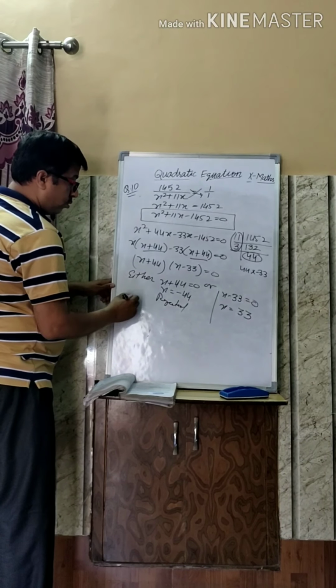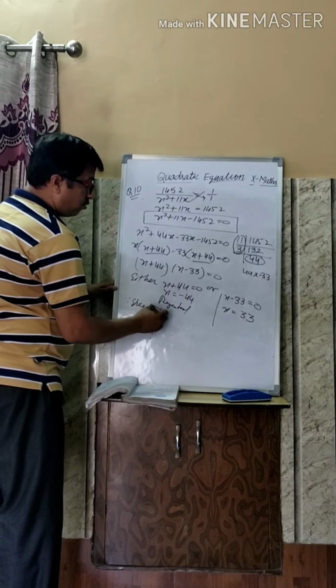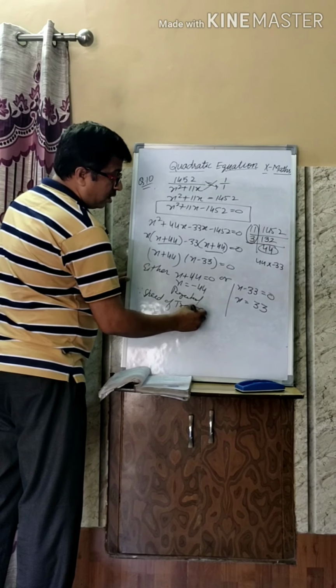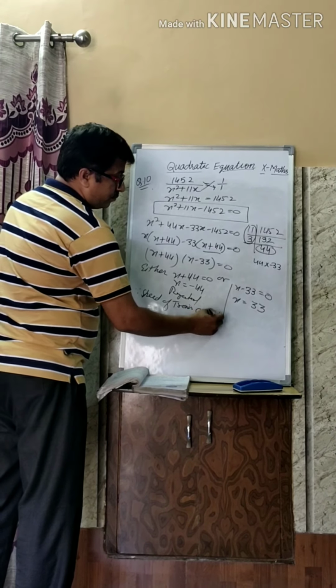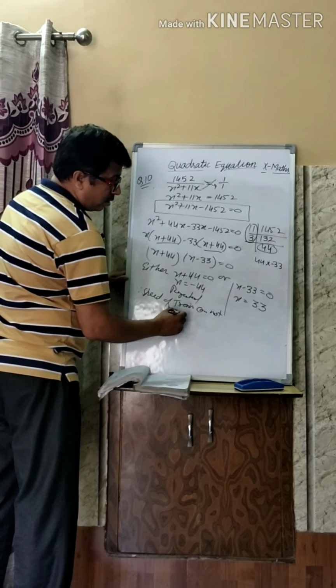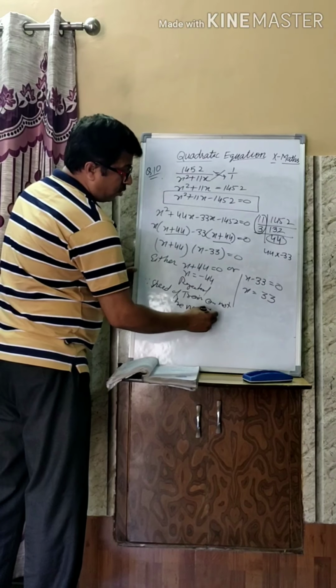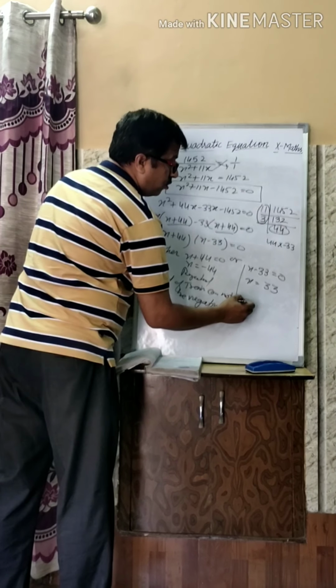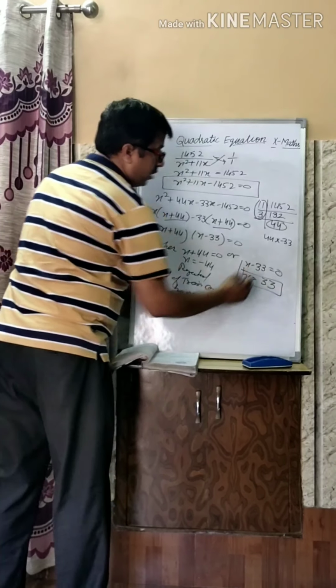Minus 44 is rejected because the speed of a train cannot be negative. Clear this? So therefore 33 is selected.